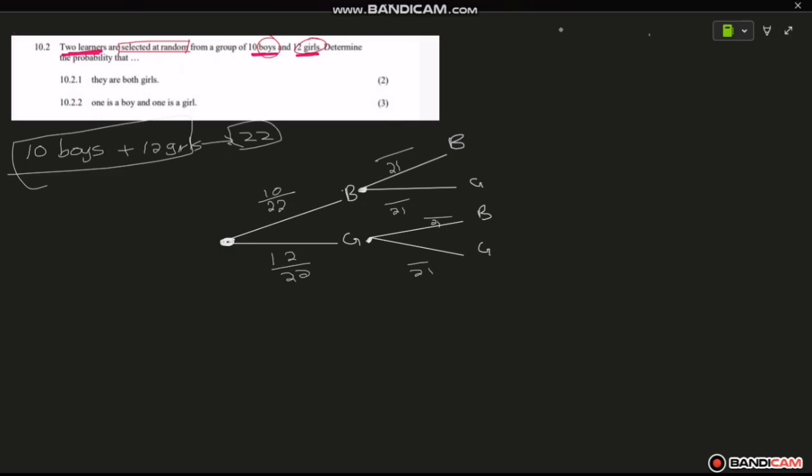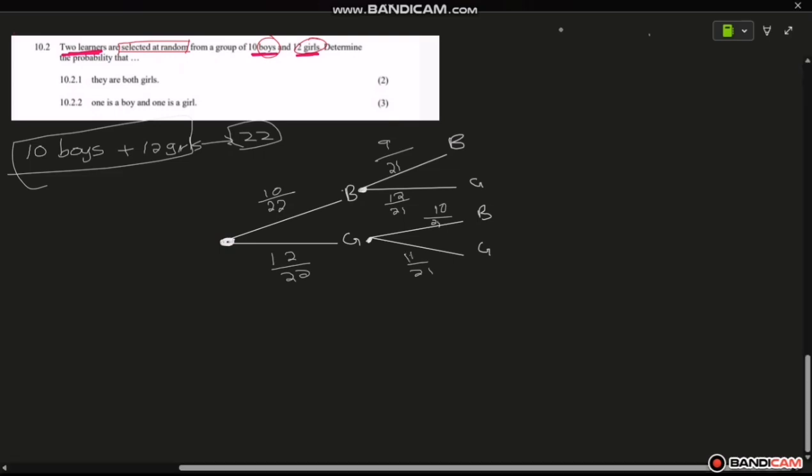Now we're choosing the boys. We're now going to have 1 that is taken out, therefore it will be 9. Then this one will remain, right? Because we didn't take them. This one will be 10 and this one will be 11 here. Why? Because we are taking 1 girl. I hope it makes sense. So we can see that we took 1 boy and 1 girl. I hope that made sense.